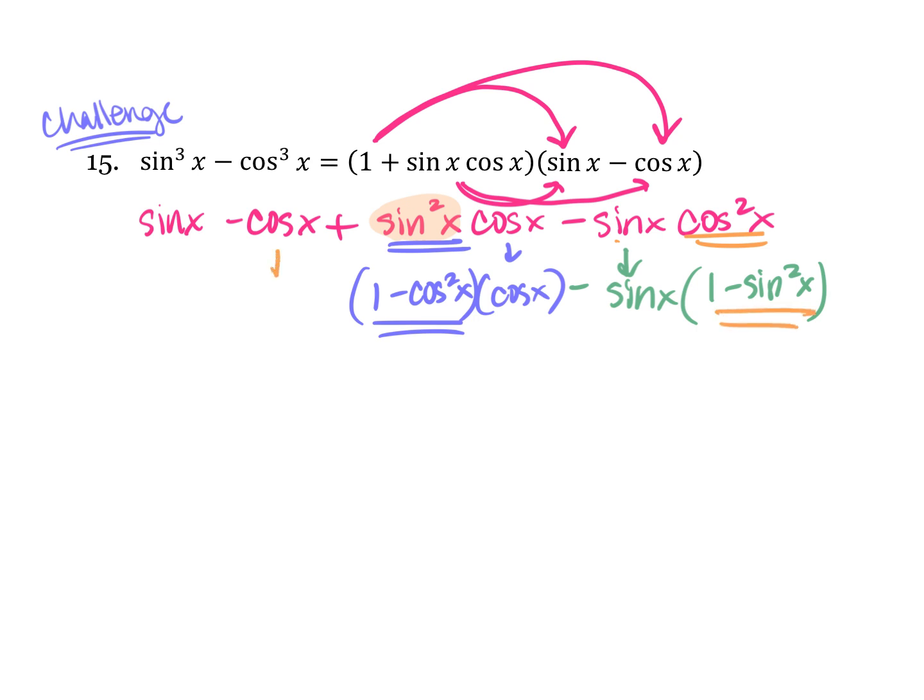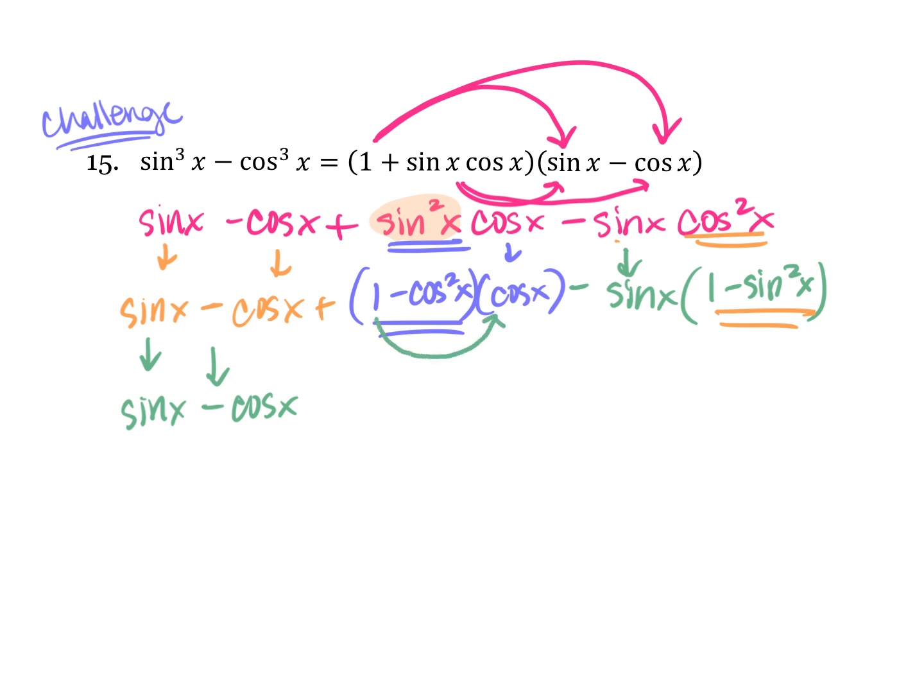So I replaced this guy with that. Minus sine, I'm going to bring that guy and that guy down. I'm going to bring down my sine minus my cosine, and then I'm going to distribute. And then life is pretty good, actually.